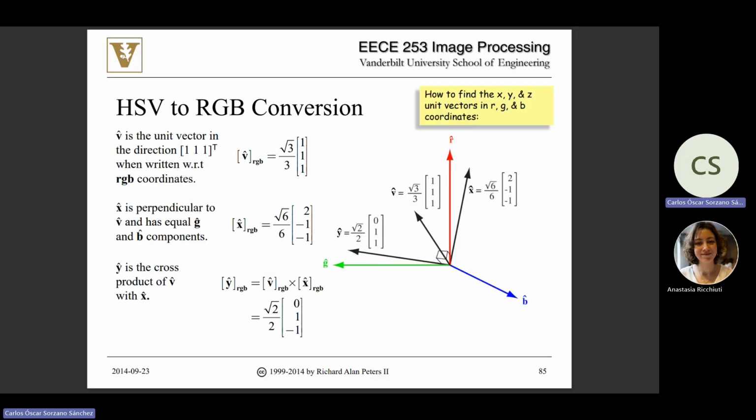Now, let's see. We have to find XYV in the RGB coordinate system. V is very easy. It is 1, 1, 1. So it is that one, but it has to be unit length. So the vector has to be divided by the norm of that vector. If you compute now the norm of the whole thing, it is 1.